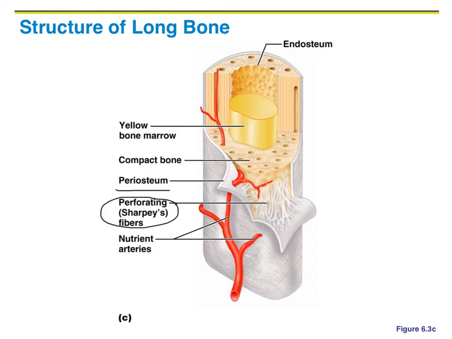In an adult, the medullary cavity contains yellow bone marrow. In a child, the medullary cavity contains red marrow, where hematopoiesis occurs. The connective tissue that lines the medullary cavity is referred to as the endosteum.